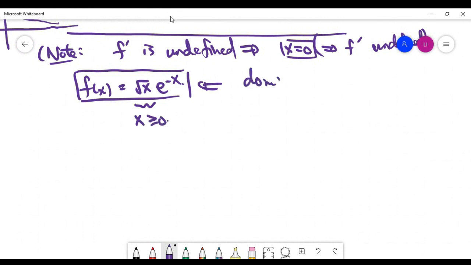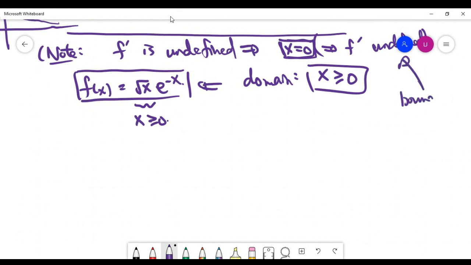So the domain is x at least 0. And this x equals 0 numerically makes f prime undefined. But this point is not that important for our problem, because x equals 0 is the boundary of the domain, since our domain contains all the points starting with 0. It means that when we draw the sign table of f prime, x equals 0 is not that important, because it's the boundary point of the domain and doesn't give us any special information.